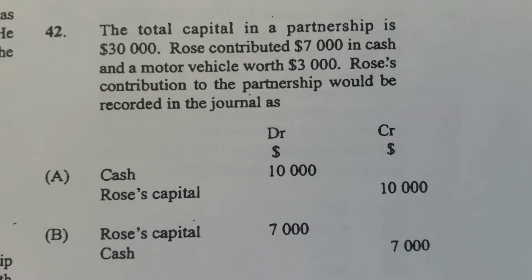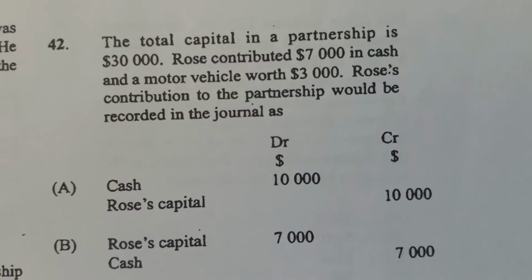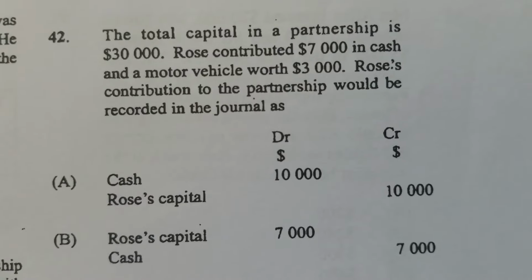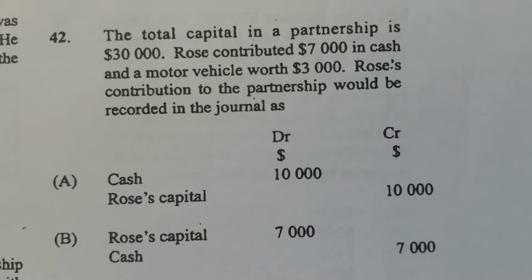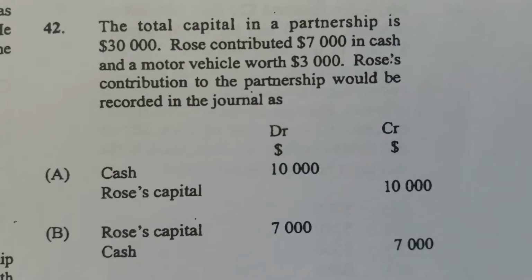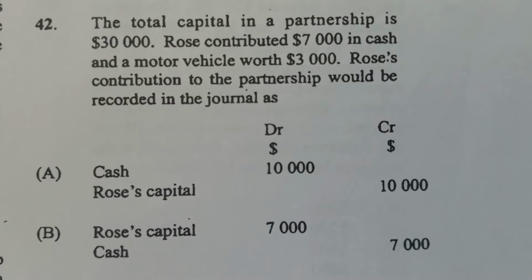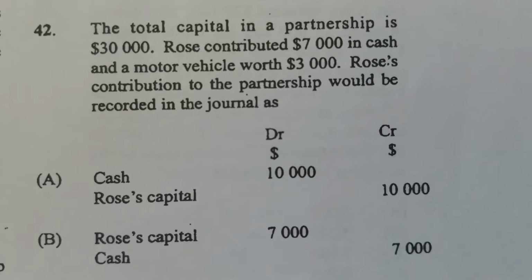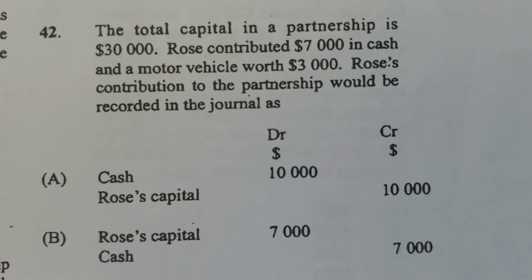Question 42 says, the total capital in a partnership is 30,000. Rose contributed 7,000 in cash and a motor vehicle worth 3,000.